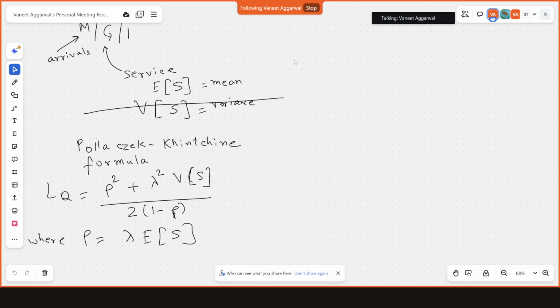So in general for MG1, rho is given by lambda times E of S, and the LQ formula is given as rho square plus lambda square variance of service time, divided by the denominator. Any questions about this one?